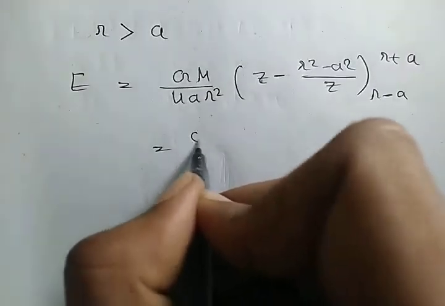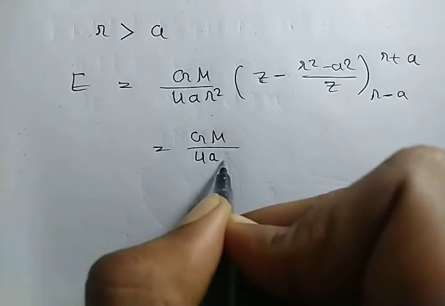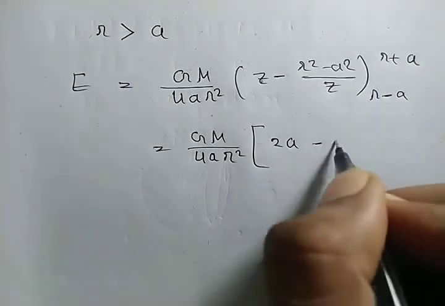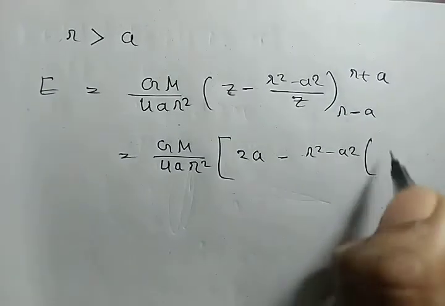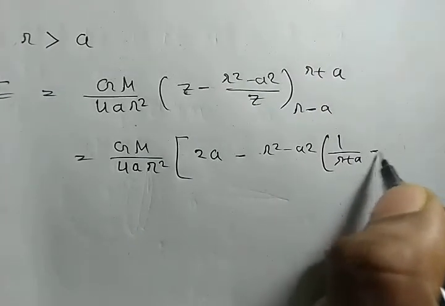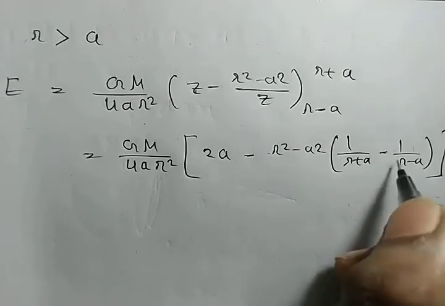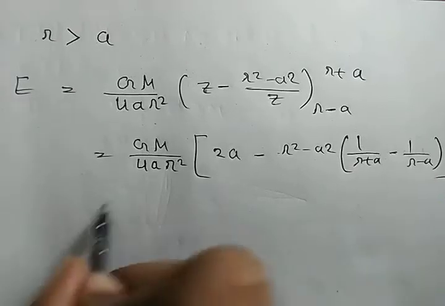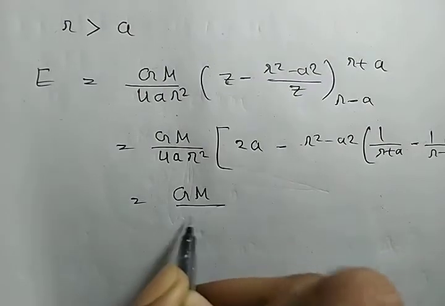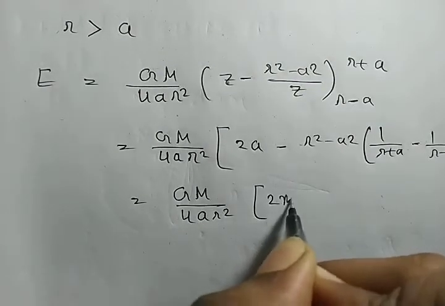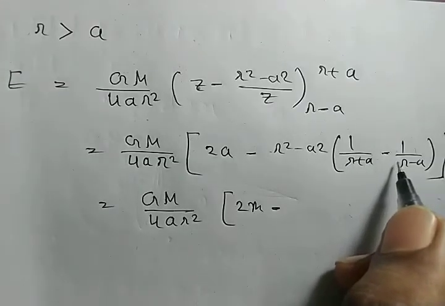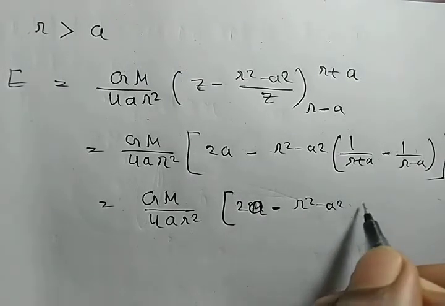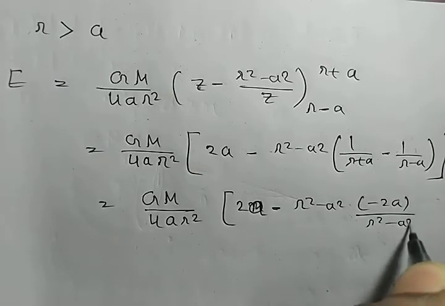Putting the limits, G M by 4a r square, r plus a minus r minus a gives us 2a, minus r square minus a square into minus 2a by r square minus a square.